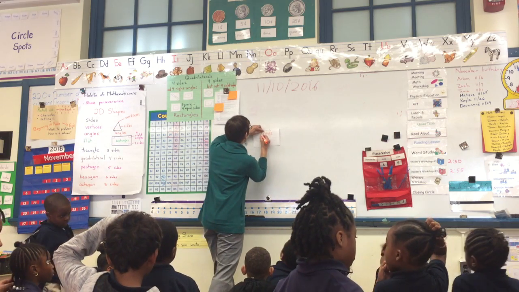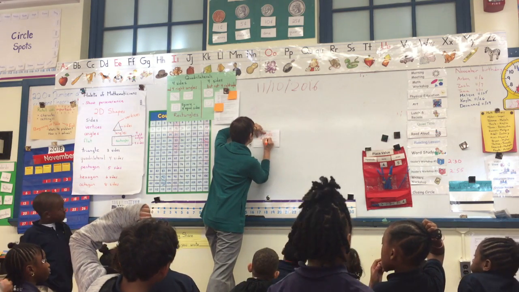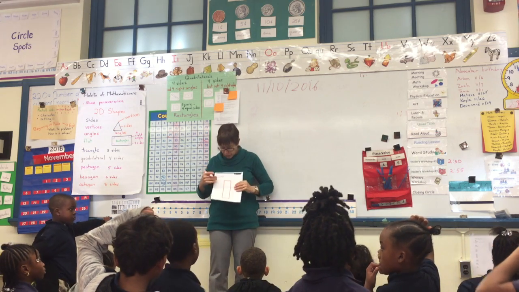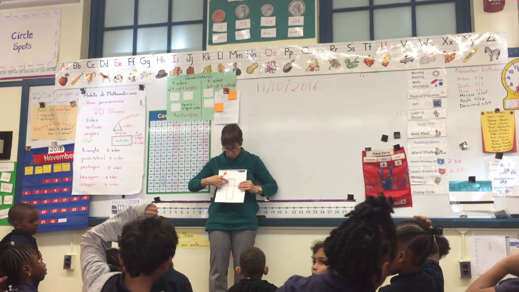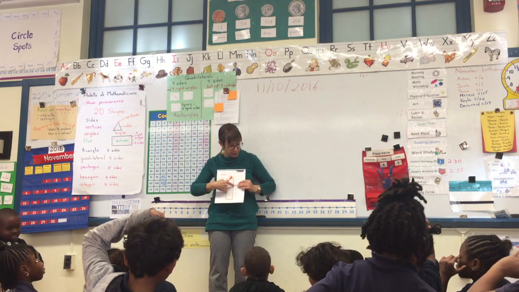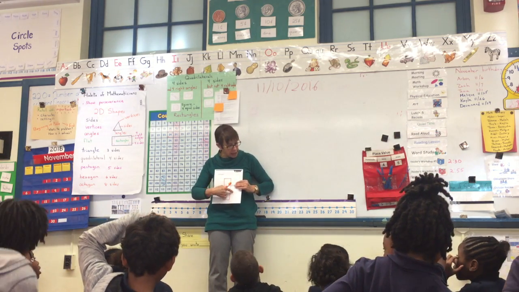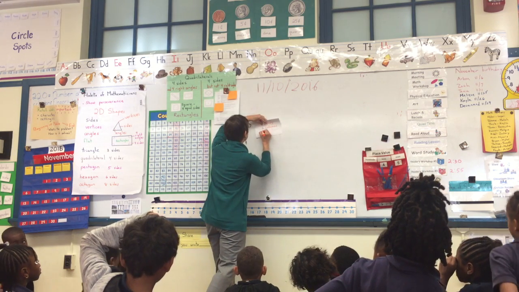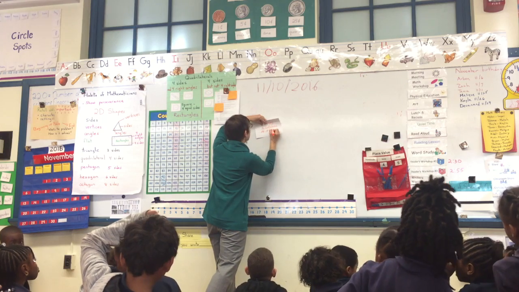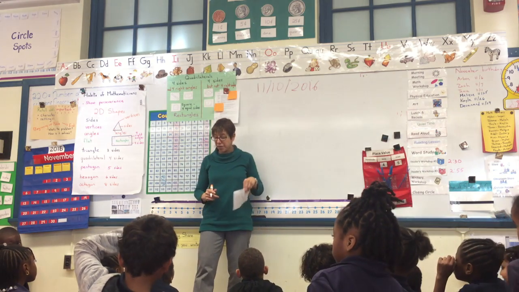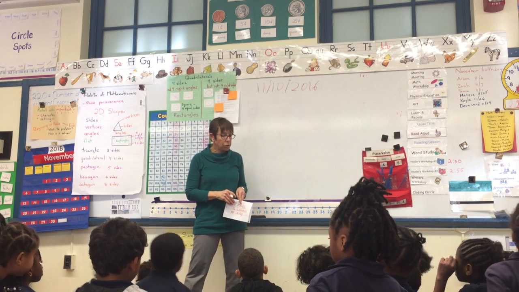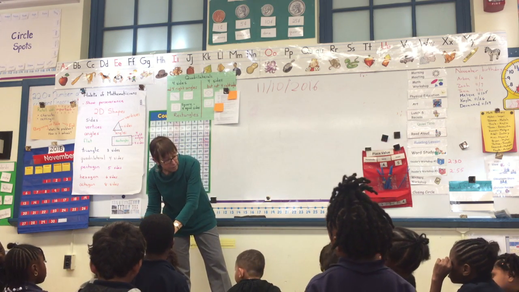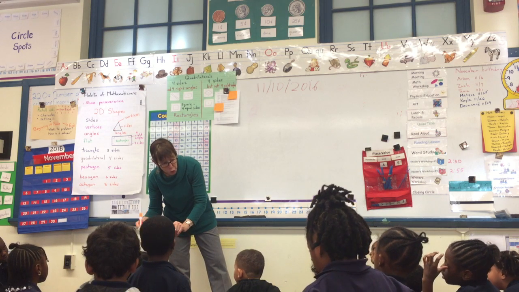So my rectangle has 7 rows, 2 columns, and then we can count the tiles. 2, 4, 6, 8, 10, 12, 14. 14 tiles. Now, I'm going to give my paper to my math buddy, and she is not going to open it.